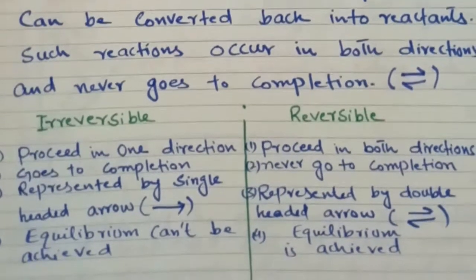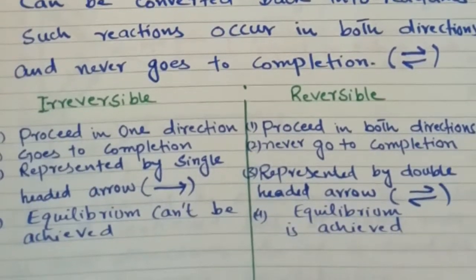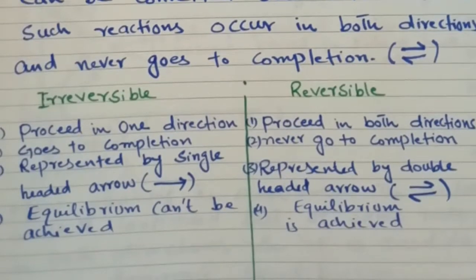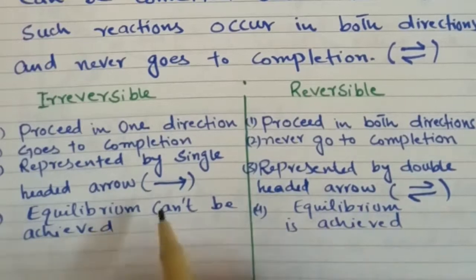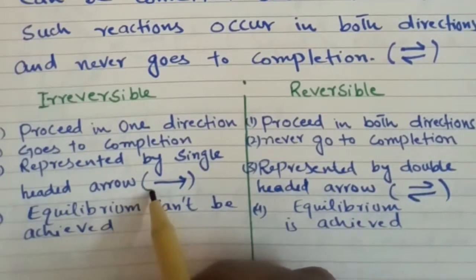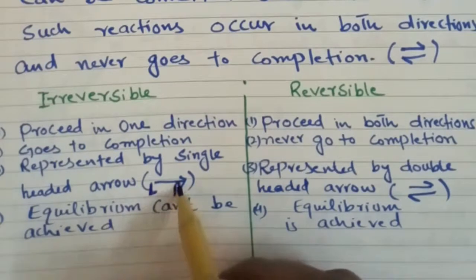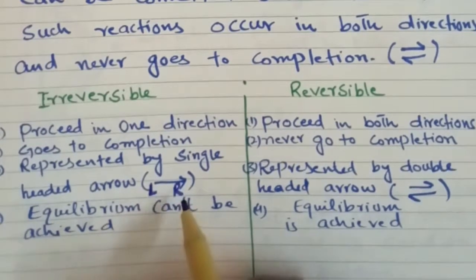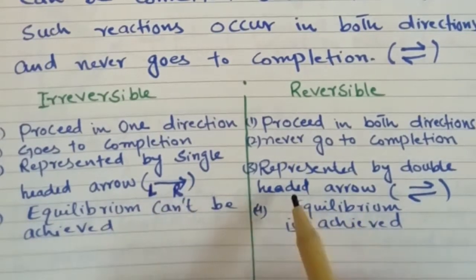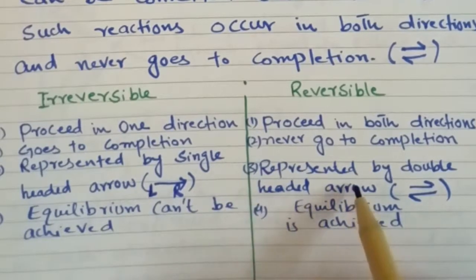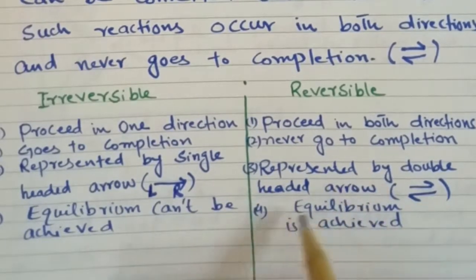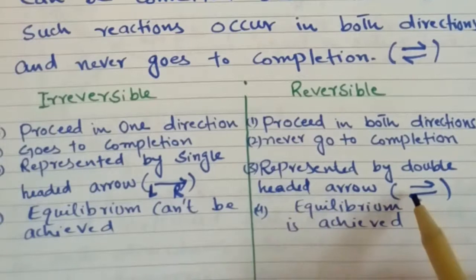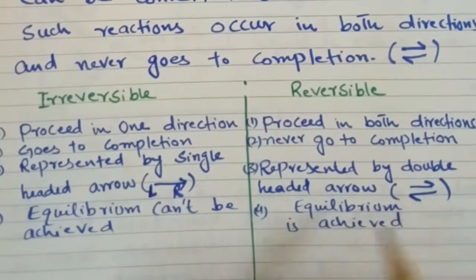The irreversible reaction is represented by a single-headed arrow pointing from reactant to products. I have drawn an arrow pointing from left to right, from reactants to products. On the contrary, a reversible reaction is represented by a double-headed arrow in which the arrow above is shown as the forward reaction while the arrow below is called the backward reaction.